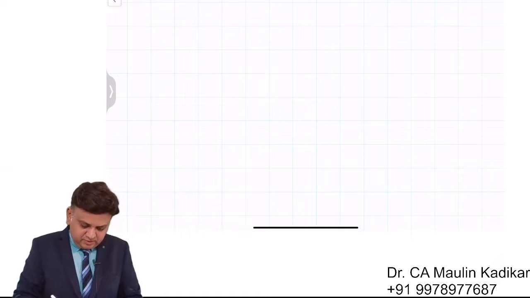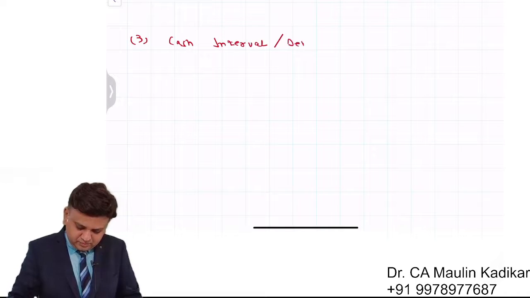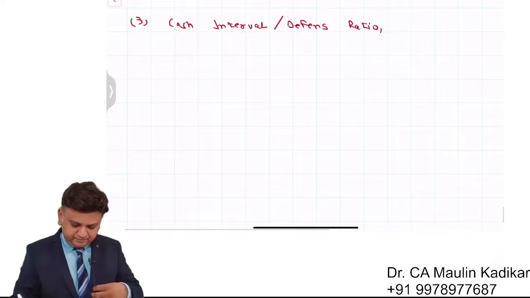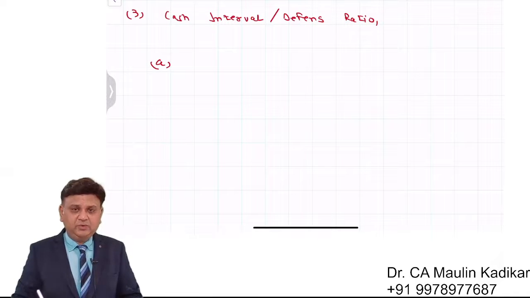Do not write anything. Third question, cash interval or defense ratio. In that A point, listen only, don't write anything.